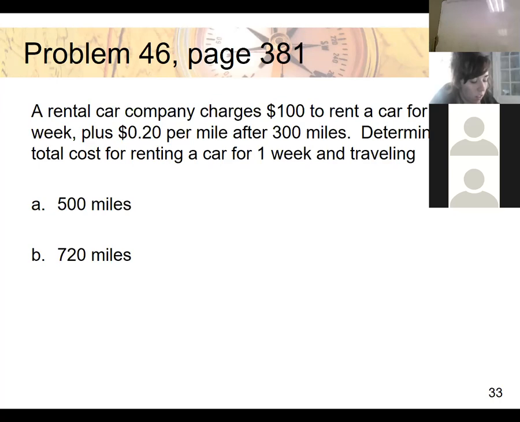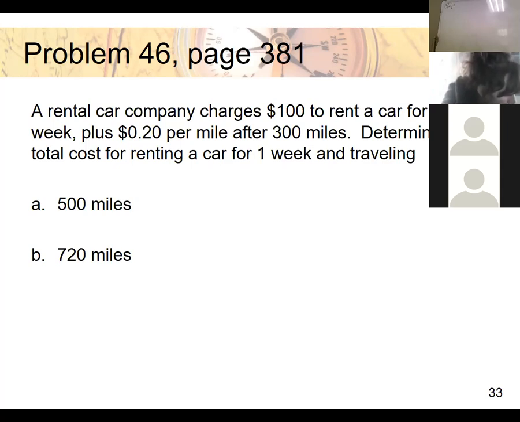Okay. So we need to come up with a function that relates to the cost of the car, the rental cost. I'm going to let M be the number of miles.